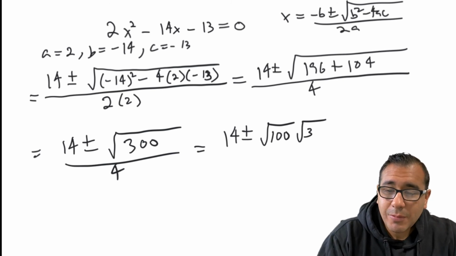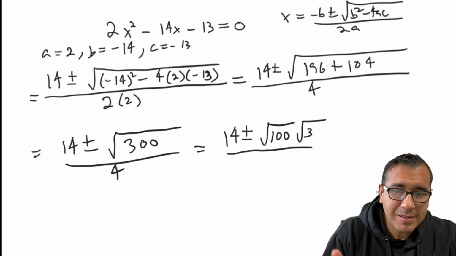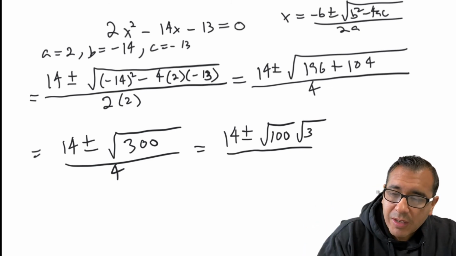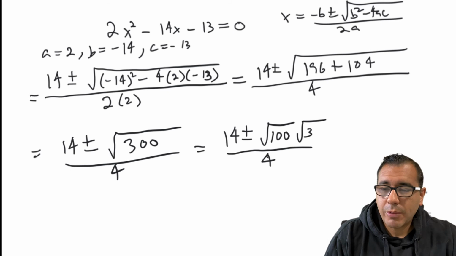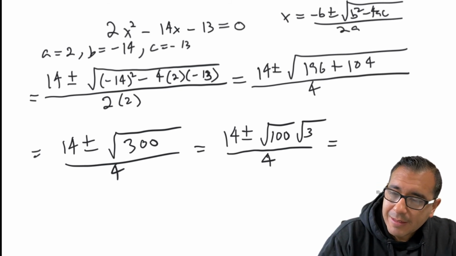So this first number has to be the largest perfect square that fits inside 300. And again, watch that video, link down below if you want more practice on that. So the square root of 100 is gonna give us the 10. So we end up with 10 square root of 3 over 4.